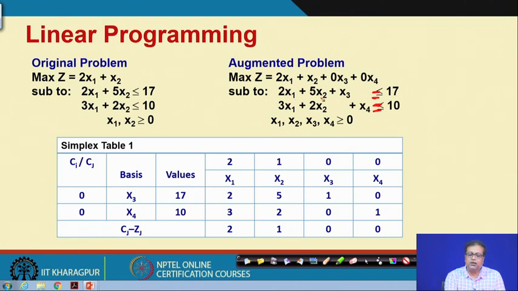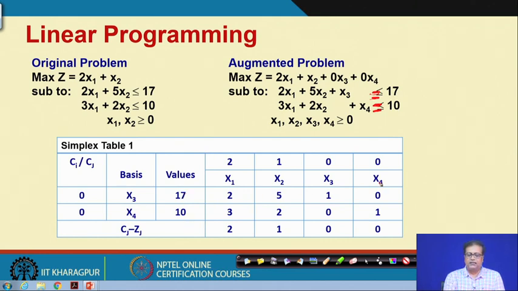So, we have 2x1 plus 5x2 plus x3 equal to 17, 3x1 plus 2x2 plus x4 equal to 10, x1, x2, x3, x4 greater than equal to 0, and this is our augmented problem, which we write in simplex table 1. So, this is our basis x3 and x4, the current values are 17 and 10.